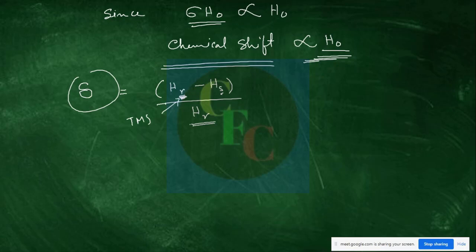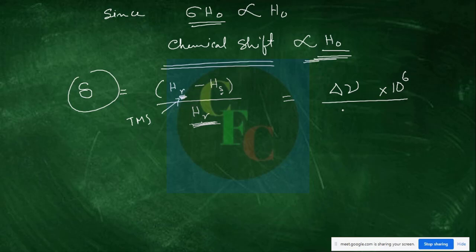Whatever the H0, it doesn't matter, because you are dividing it by the magnetic field experienced by the standard. Now, spectrometers are usually calibrated in cycles per second, hertz or megahertz, so delta can be written as delta nu multiplied by 10 to the power 6.